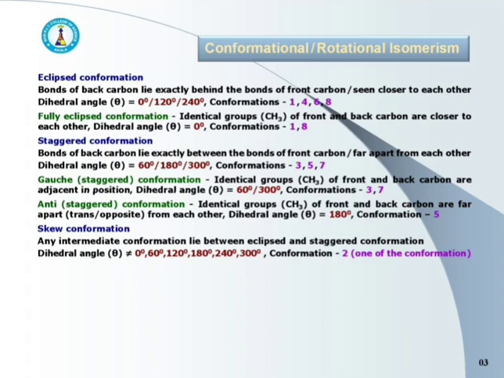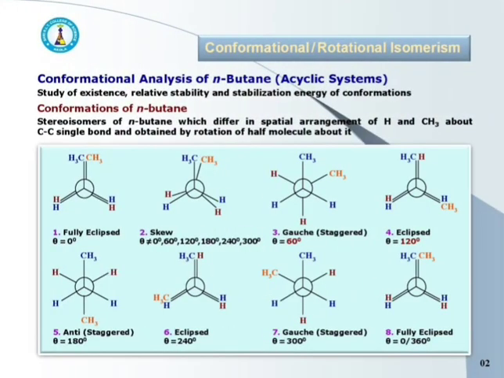Bonds of back and front carbon atoms are far apart from each other in staggered conformations. These conformations have dihedral angle 60, 180 or 300 degree. Conformations number 3, 5 and 7 are the staggered conformations.